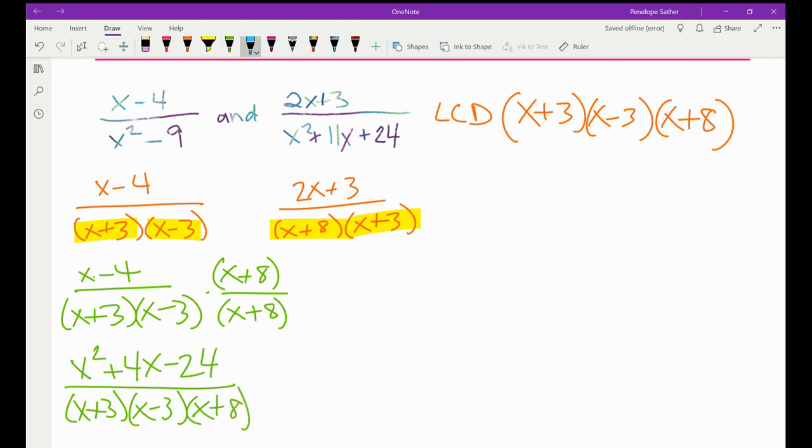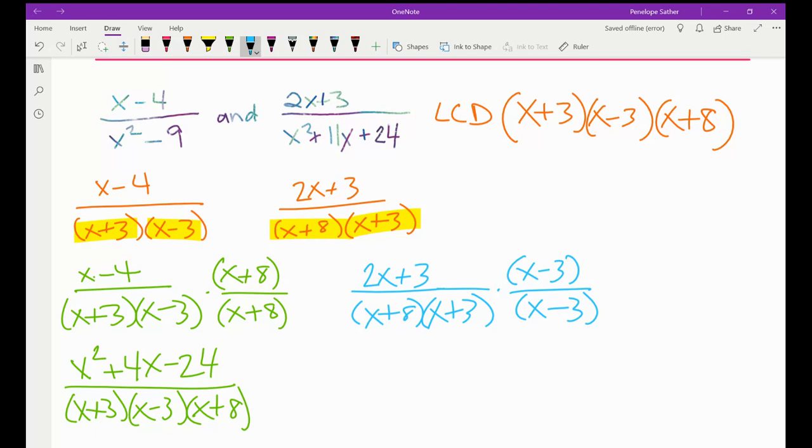All right, if we do our other fraction, the 2x plus 3 fraction, you got 2x plus 3 over x plus 8, x plus 3. This fraction is missing the x minus 3. Okay, so what we need to do is go ahead and distribute.